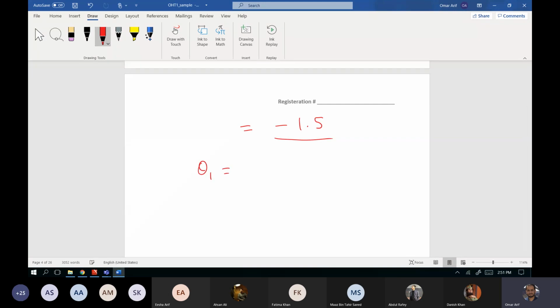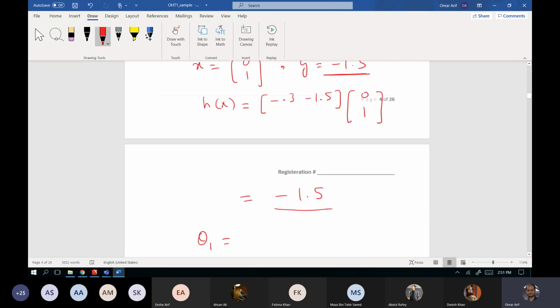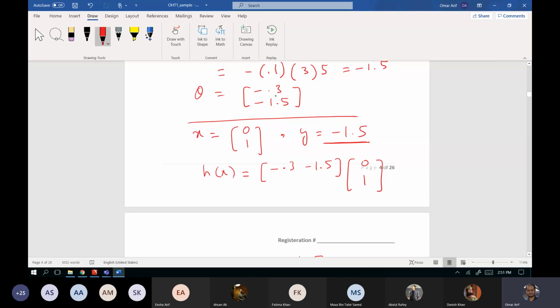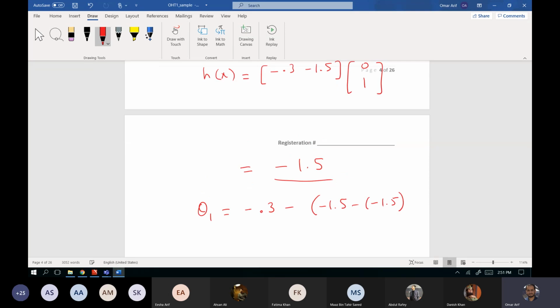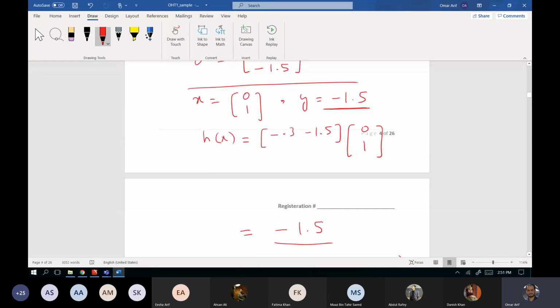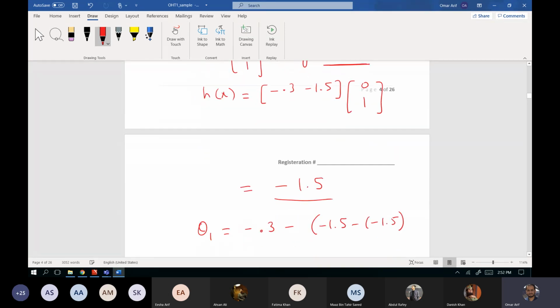The current value for theta 1 is minus 0.3 minus, my prediction is minus 1.5 minus the true value, also minus 1.5, and I have to multiply by the first feature, which is 0.